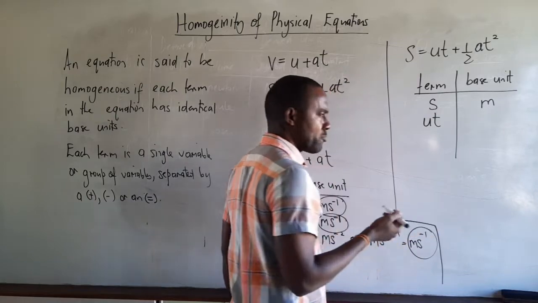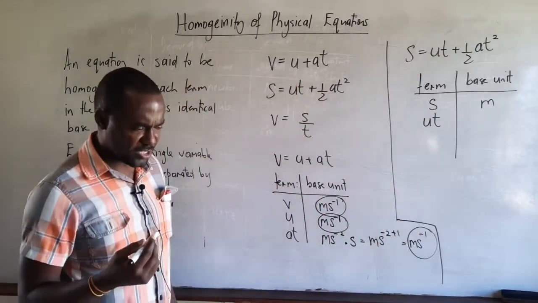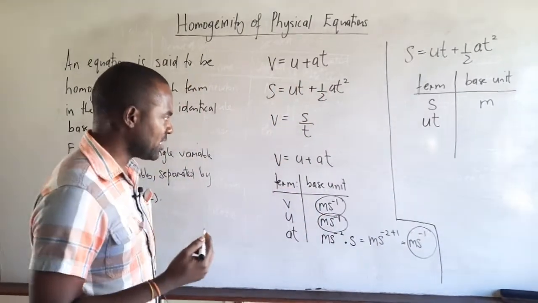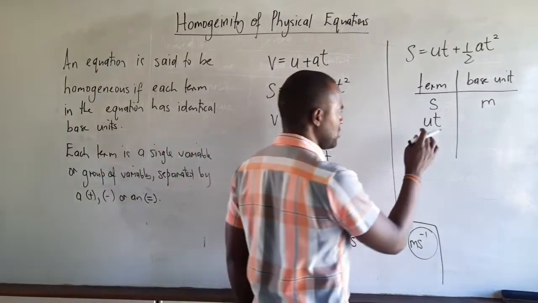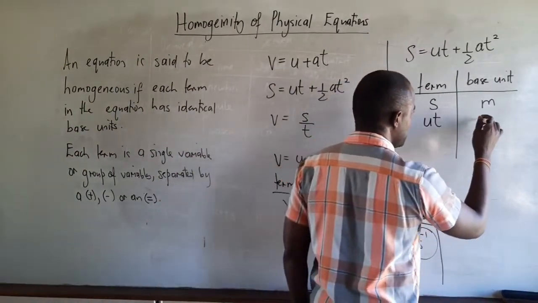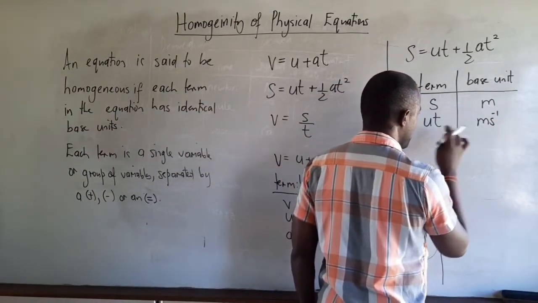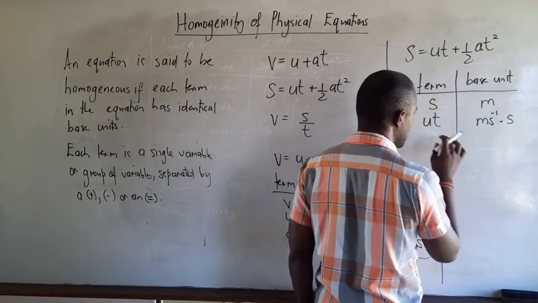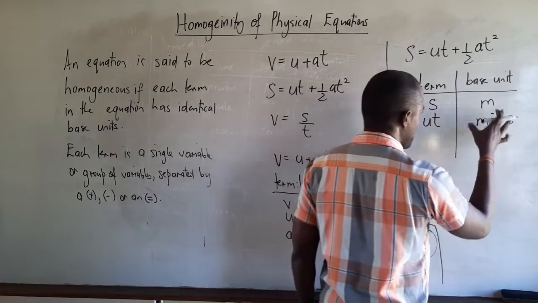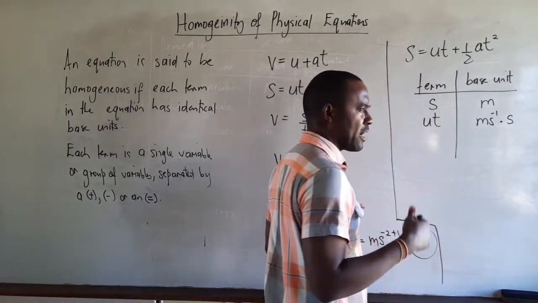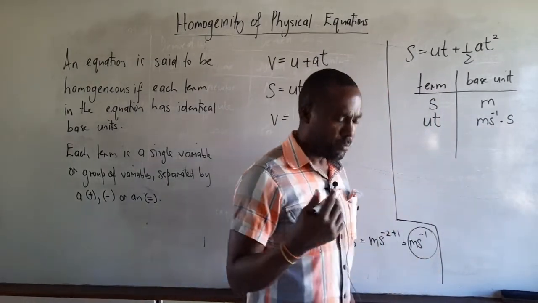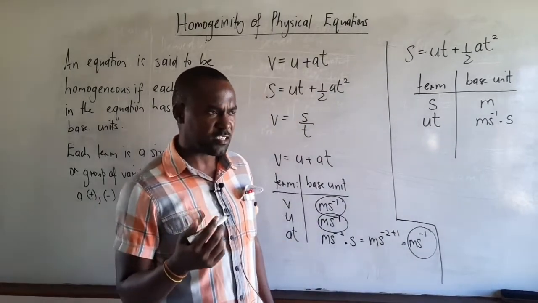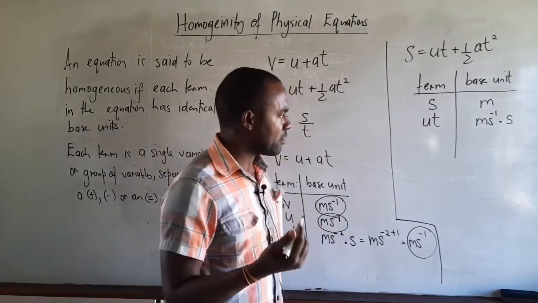Now u represents initial velocity, and t represents time. And so ut will have base units meter per second, representing u, and we multiply that by the second representing t. When we combine those two, again, back to the laws of indices, when multiplying indices of the same base, we keep the base and we add the powers.